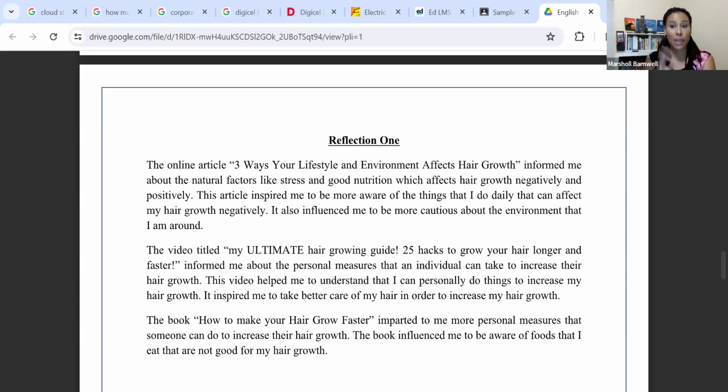There are three questions that you're going to repeat for each artifact, following this format. The first question is, what is the name of the artifact and the type of writing or the type of content it is?